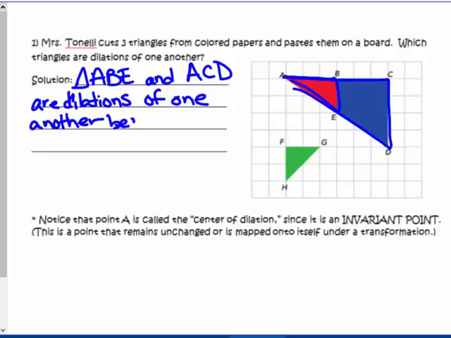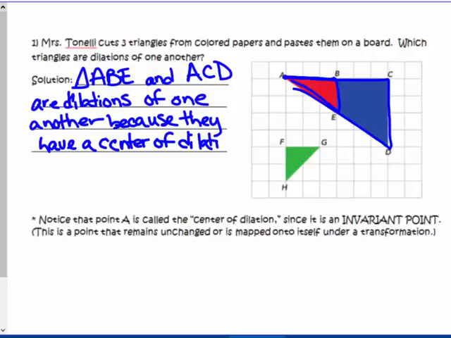They are dilations because they have a center at A. They both start at A because they have a center of dilation A. So you can think about it as taking ABE and starting at A, making it look like it's twice as big, because AB was 3 and now AC is 6 units.